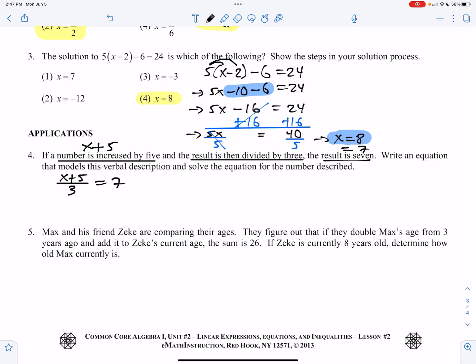We know Zeke, we'll let Z equal 8. He's 8 years old. But Max, M, is the unknown. I'm going to use the letters M and Z instead of x this time, just to keep it fluid and going with the names. So how do we figure this out?